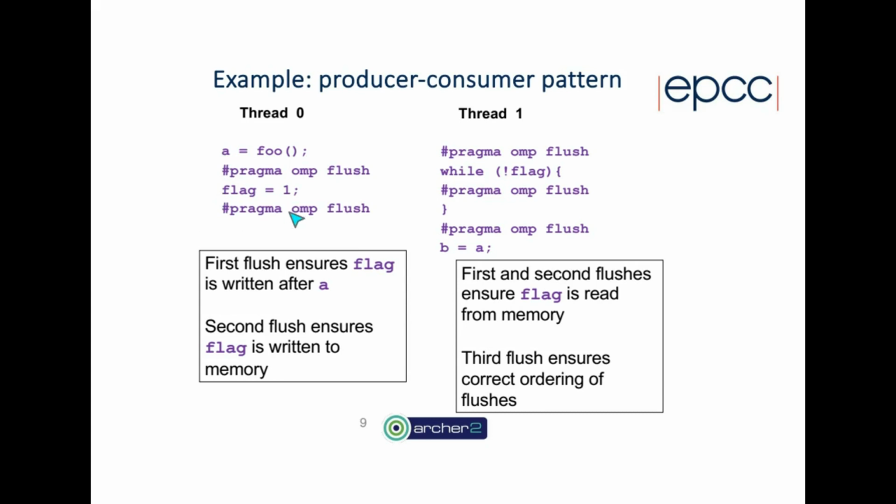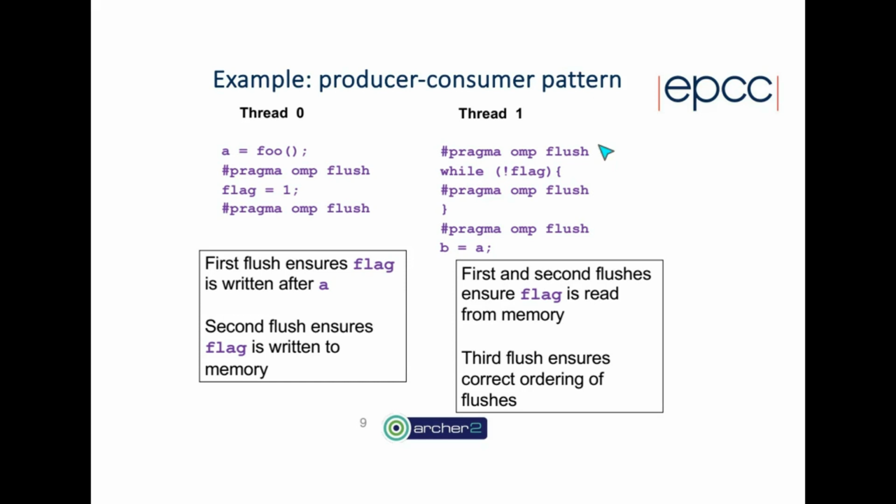The second flush is there to make sure that this write has really happened at this point, and isn't arbitrarily delayed or just stored in a register somewhere. This is to make sure that flag actually gets written to memory at this point.